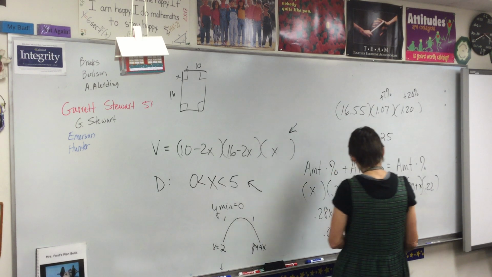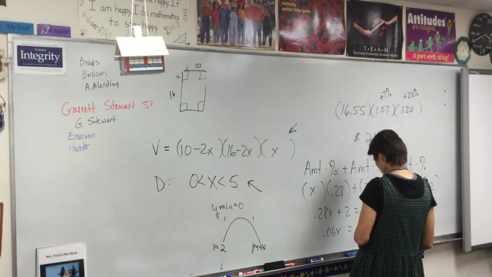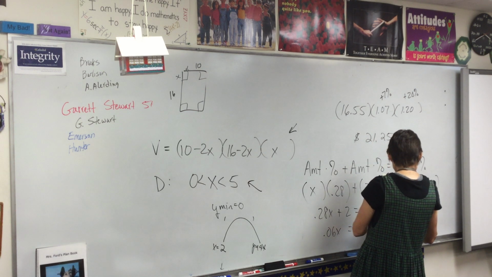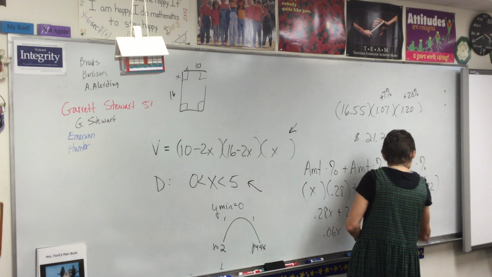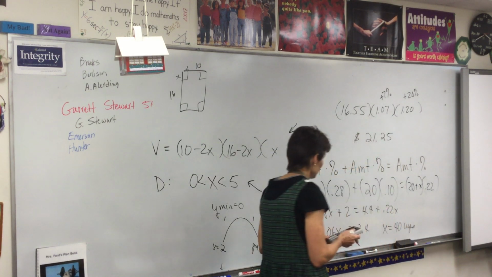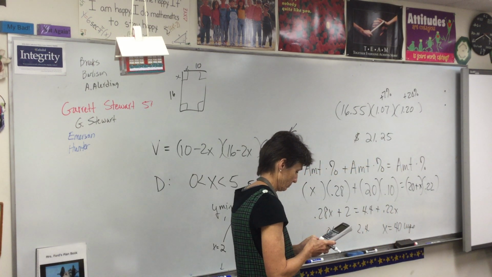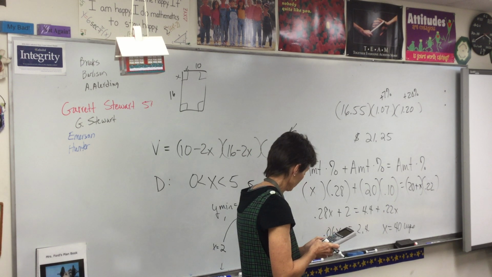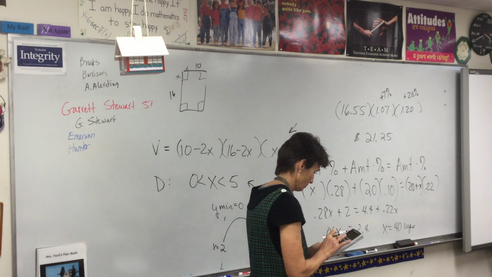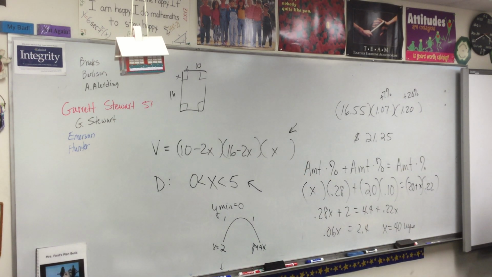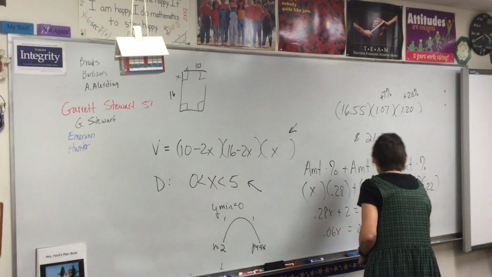Oh my gosh, I think this one comes out evenly too. Don't forget to put a unit on it, it's cups. Now, I did that without my calculator. I hope I did it right. Anybody get 40? Are we making progress?